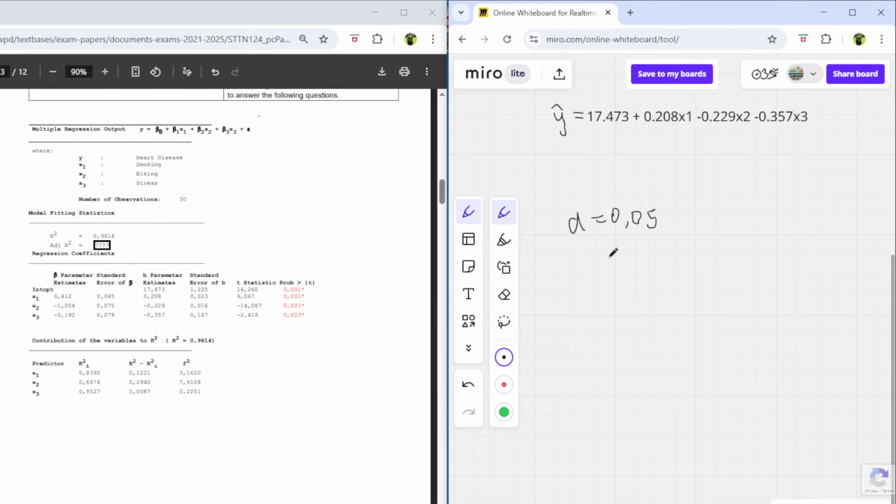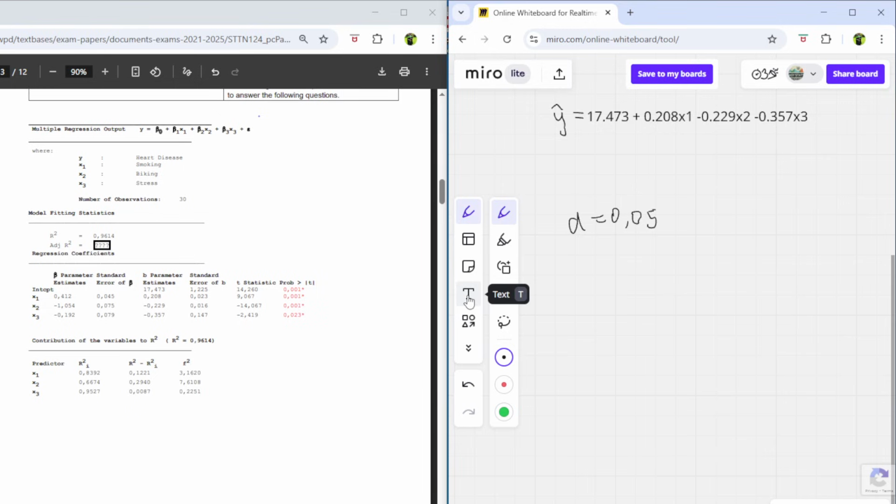Meaning that it is not that important; even if we don't include it in this research, it won't make a difference. That's what statistical significance means. Now if you look at these numbers, all of them are less than 0.05. We have 0.001, 0.001 as well, and then 0.023.